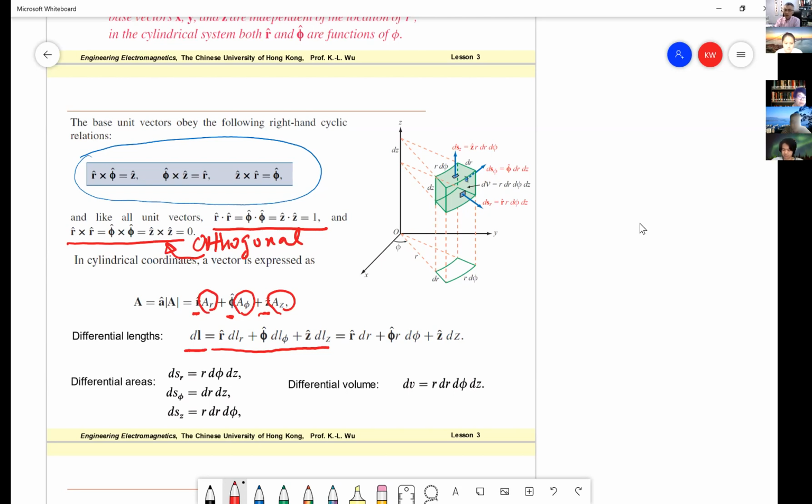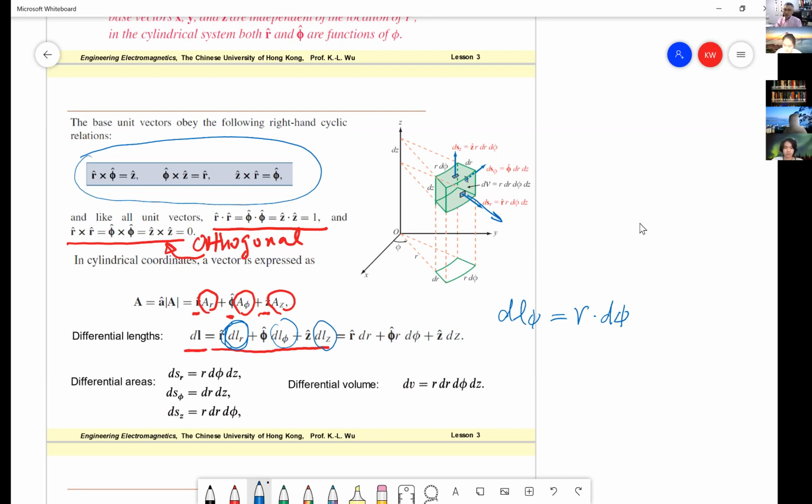However, there is a change along the r direction, along the phi direction, and along z. When we deal with the phi direction, dl phi, we know this is equal to r times d phi, because the angle is in radians, times the radius, and then dz.